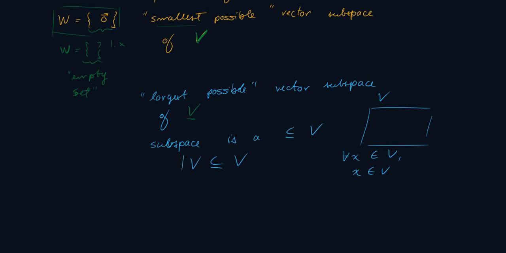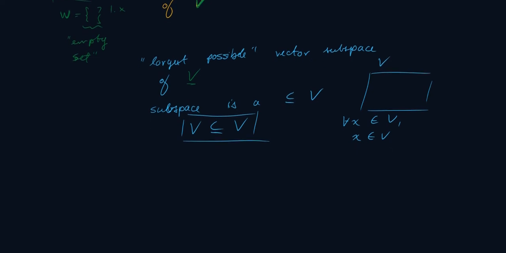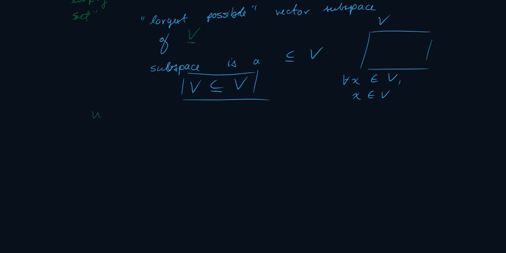But this tells us that V is a subset of V, and because we have the properties of a vector space defined by its axioms, we can already say that we have a vector subspace. And I'm going to tell you why. When defining a vector space, we always start with two basic definitions.